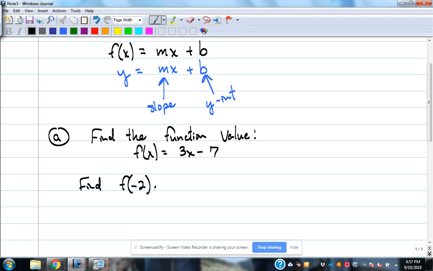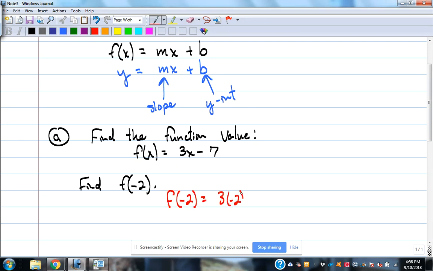I talked about this when we were talking about piecewise defined functions, but it was piecewise then. We're dealing with linears here. This is easier. What do we do? Yeah, plug -2 in for x.